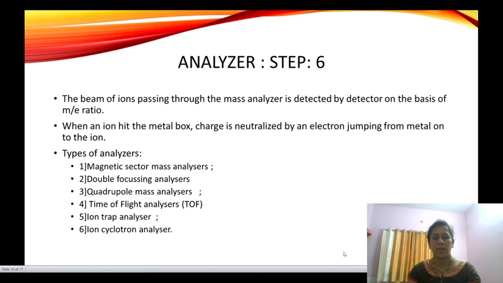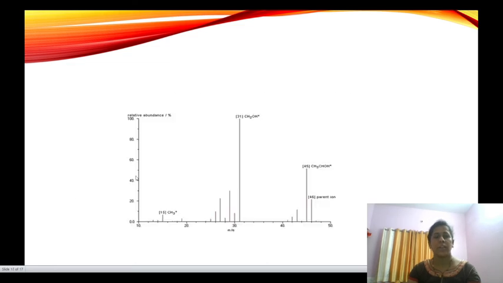Second is the double focusing mass analyzer. Third is the quadrupole mass analyzer. Fourth is the TOF, time of flight analyzer. Fifth is the ion trap analyzer, and sixth is the ion cyclotron analyzer. With any of the analyzers you can analyze the intensity of the cations only. Thus, the mass spectrum observed is shown here to you.